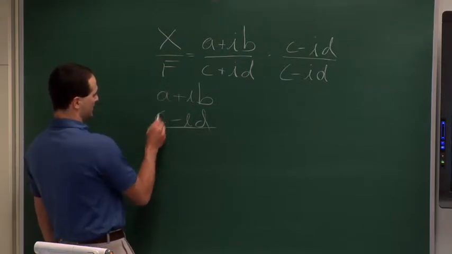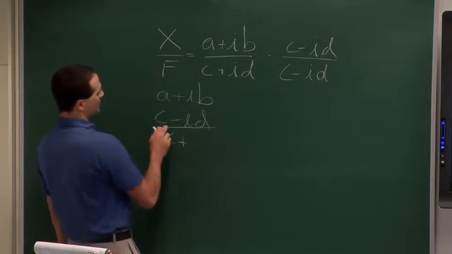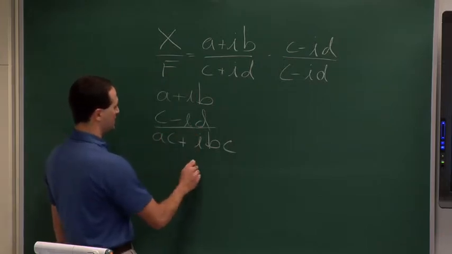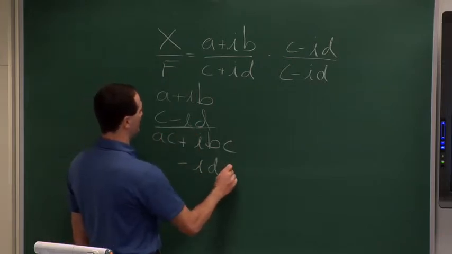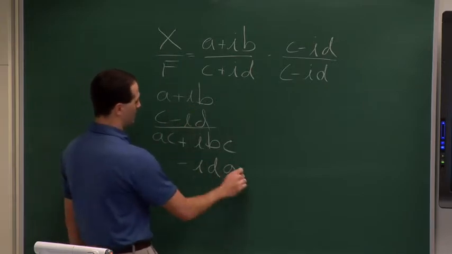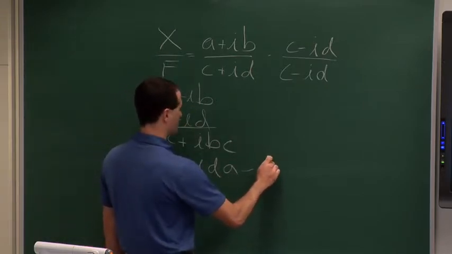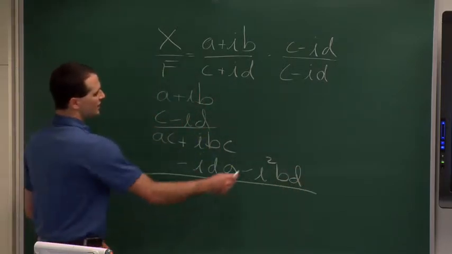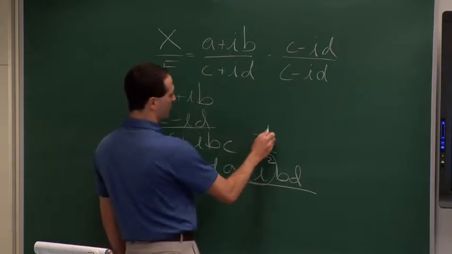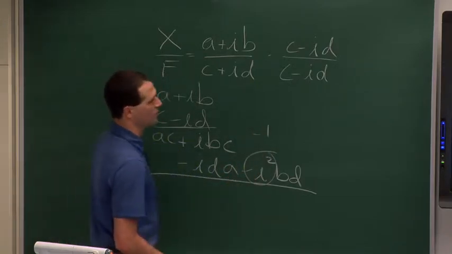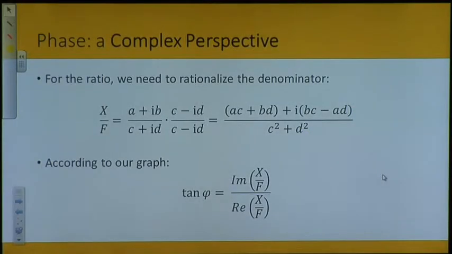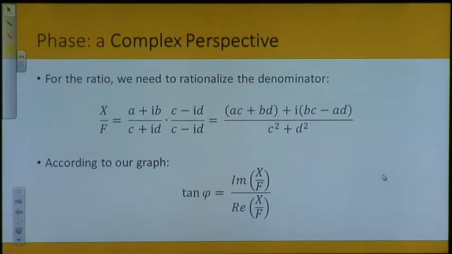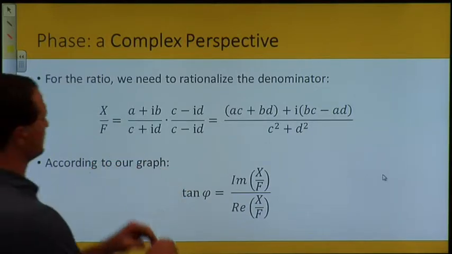So it's simply C times A, or AC, plus C times iB, iBC, minus iDA, and then minus i squared BD. So i squared becomes minus 1, and since it's negative, we get what I've written on the board here. I just isolated the components that had the i term in it and separated them out.